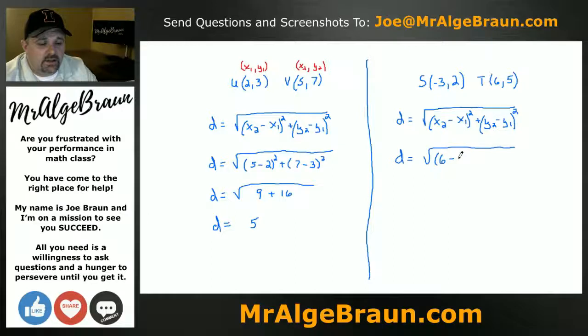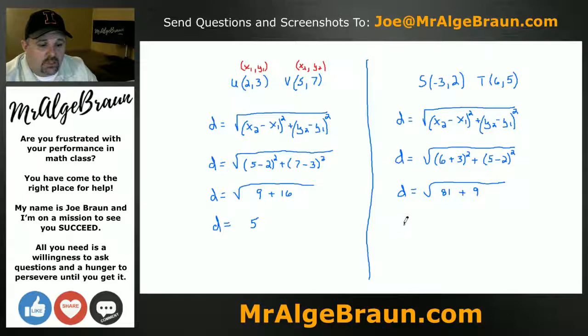So minus negative 3 would be the same thing as add, so I would switch that to add, plus y sub 2, so the second group and the y in that, so we put down 5, and then minus y sub 1, which would be 2. And so we are going to square that. And so d is going to equal the square root of, so 6 plus 3 is 9, and 9 squared is 81, plus, and we're going to do this parenthesis, so 5 minus 2 is 3, 3 squared is 9.